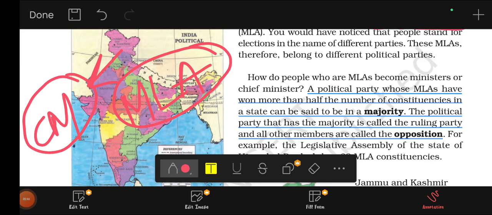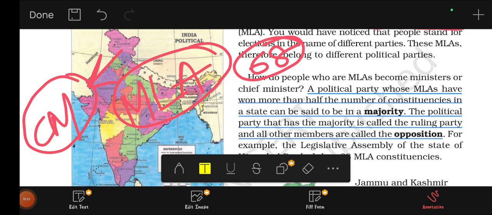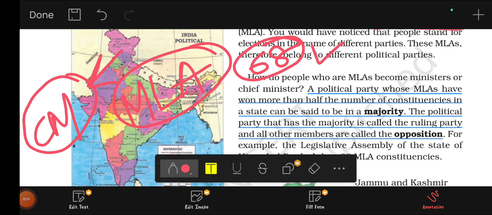For example, Himachal Pradesh has 68 seats in the legislative assembly, and for a party to form government they require a minimum of 35 seats.